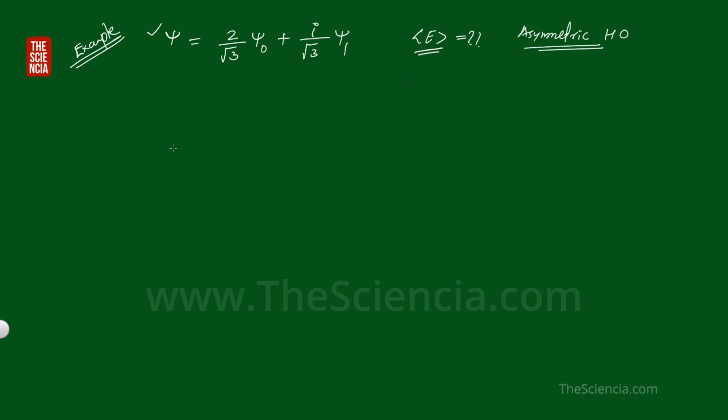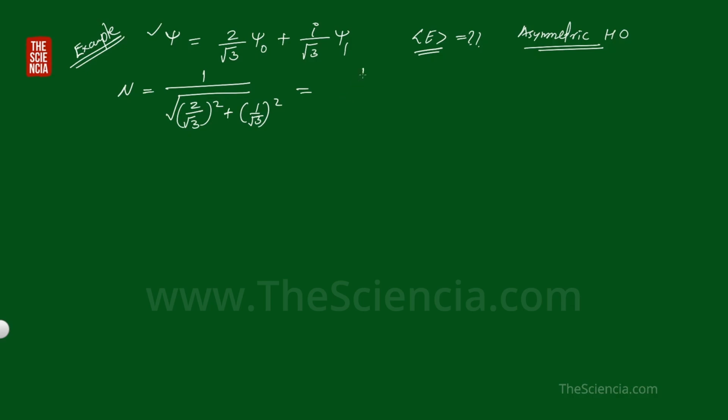Here, first you have to check whether this wave function is normalized or not. Here this wave function is not normalized. Then how can we normalize it? The normalization constant N is equal to 1 by root of (2 by root 3) whole square plus (1 by root 3) whole square.